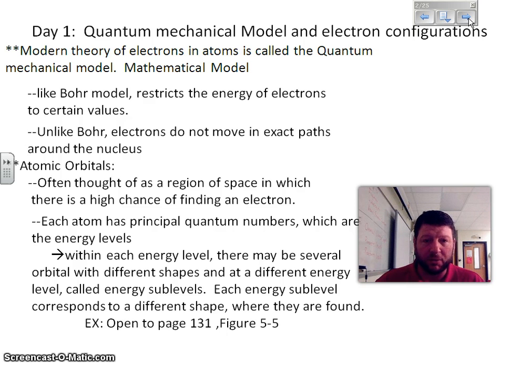For example, if you open to page 131, figure 5.5, that will help you to understand this component. On page 131, you'll notice that those shapes are outlined there. You have the s's and the p's, and the s is like a sphere, and the p's look like dumbbells, and so on. We talked about that in the periodic table unit as well.